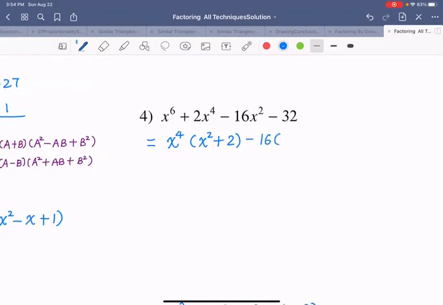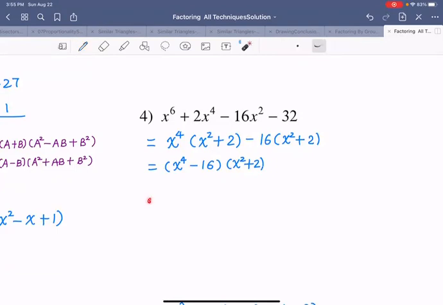Minus 16 x squared plus 2 equals parentheses x to the 4 minus 16 times x squared plus 2. Yeah. Do you think we are finished?